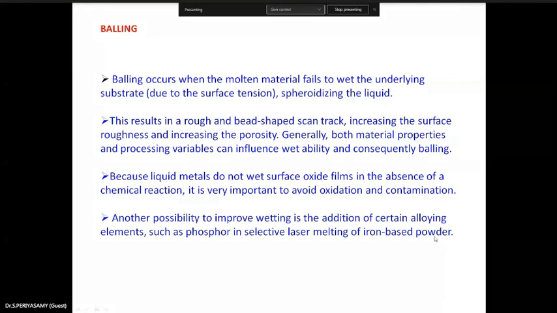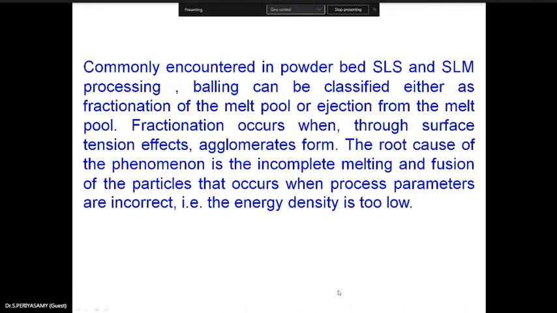The samples can be obtained regardless of the material type and the process setting. So here, different types of material, for that one the values are given. Regardless of material type and process setting, you have a particular range to give a fully dense material, that is, the porosity is less than 0.5 percent. So that is an acceptable level.